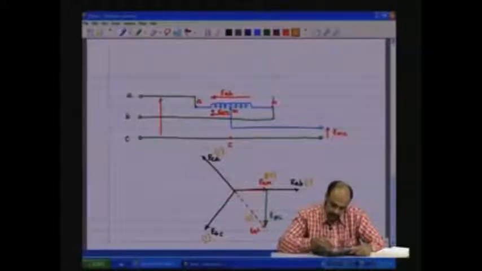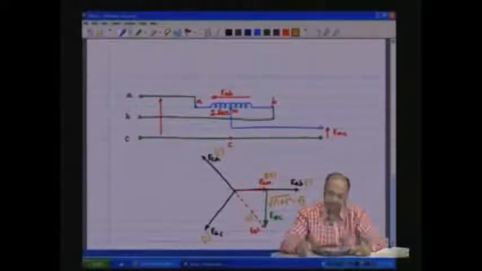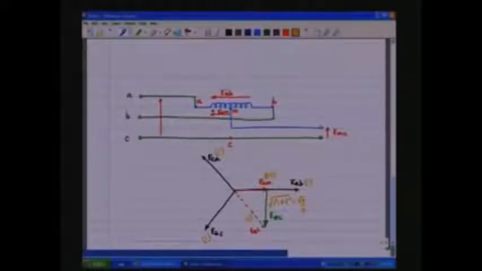So, this is going to be square root of 1 square minus 0.5 square, which is equal to root 3 by 2, so this will be 0.86 units.